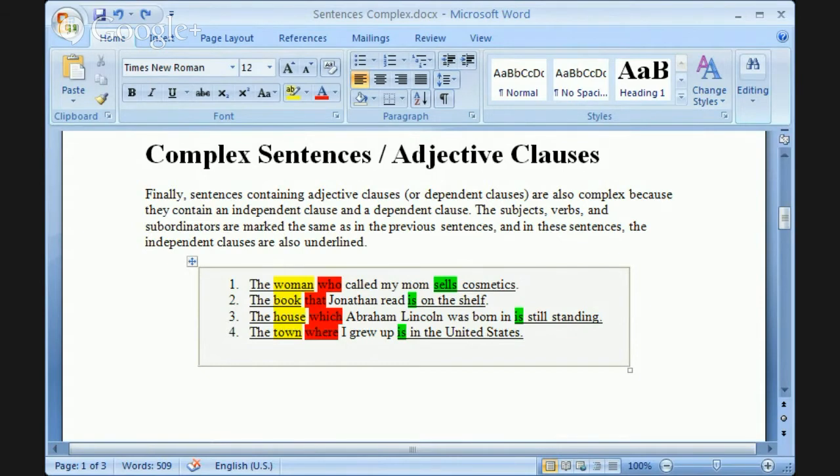"The book is on the shelf" is an independent clause. It's interrupted by this other information, which, this is the difficult part. It's difficult, but you don't really, actually, you don't even have to care. Is it essential information or is it unessential information?